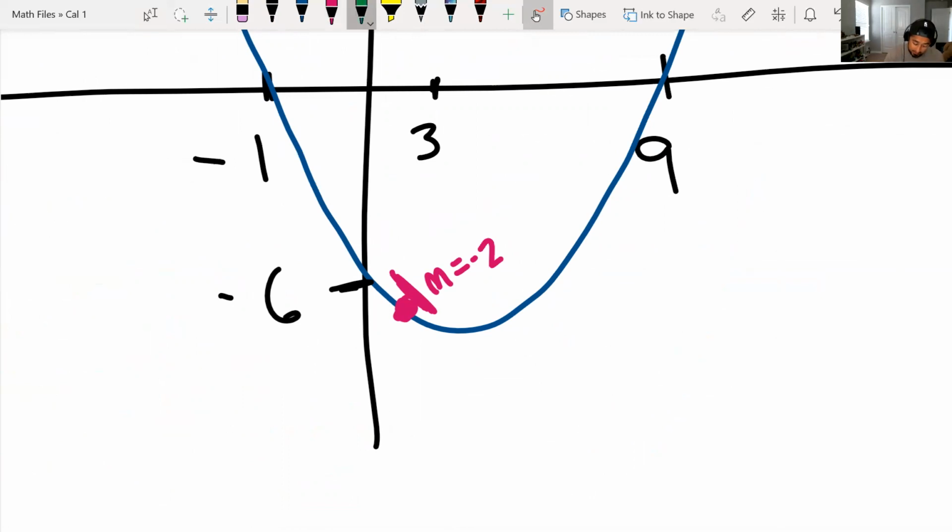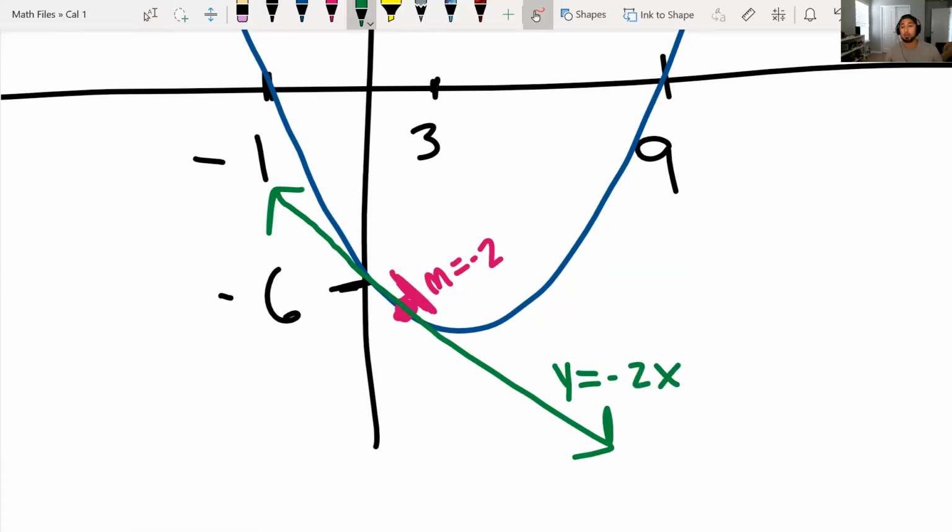Remember, the tangent line shares one point and takes off. My tangent line would look something like this, where the equation would be y equals negative 2x. And that's everything we just found.